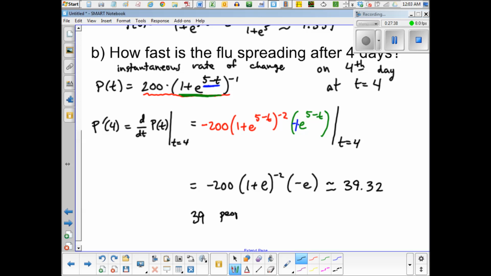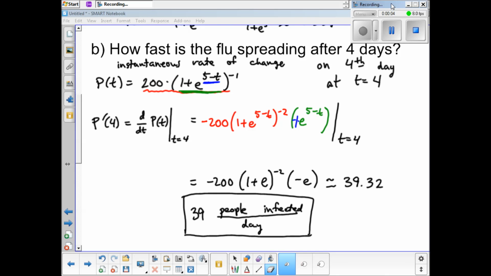Remember the units here. People infected, that's the P. Per day, that's the time. Okay, now the last question to ask for this problem is the following.